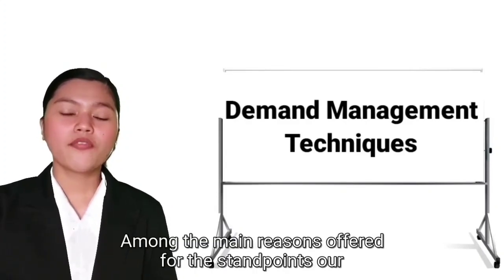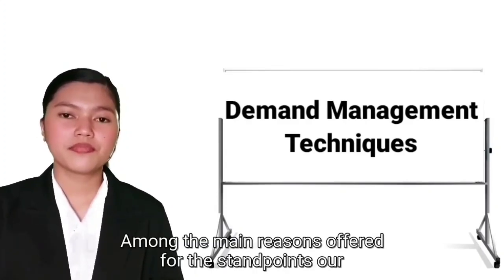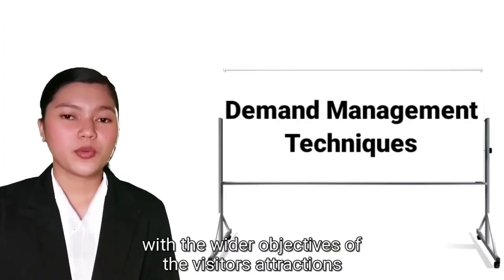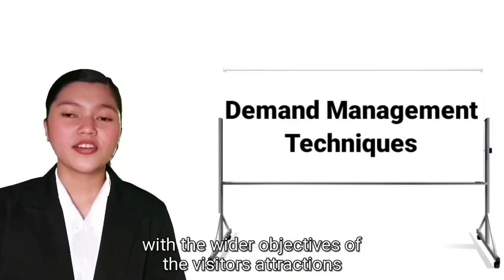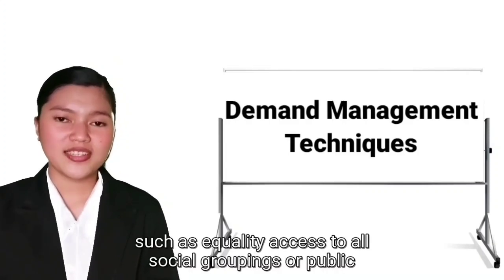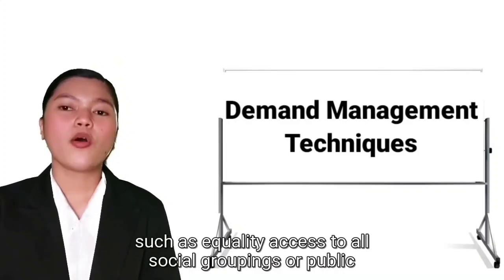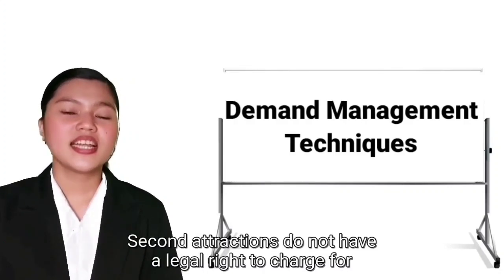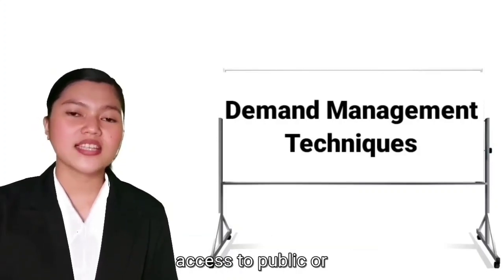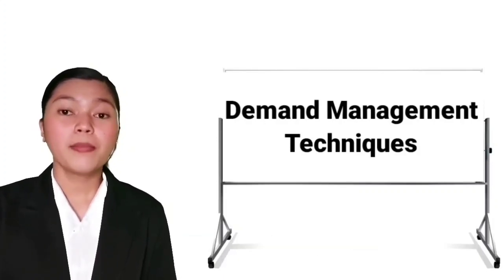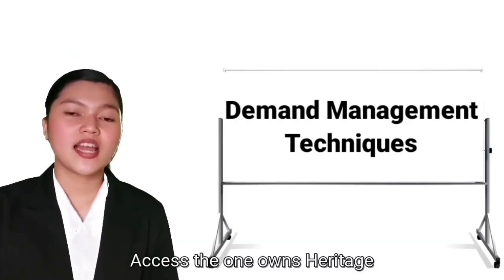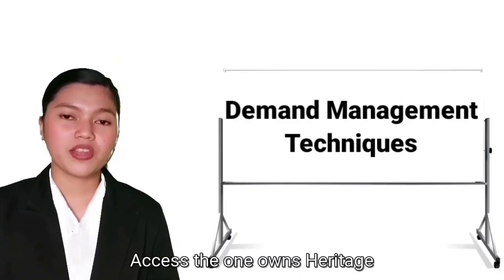Among the main reasons offered for this standpoint are: first, charging elevated admission fees may conflict with the wider objectives of the visitor attractions, such as equality of access to all social groupings or public education. Second, attractions do not have a legal right to charge for access to public land or public buildings, or a moral right to charge for access to one's own heritage.